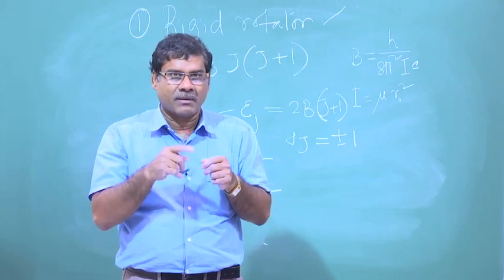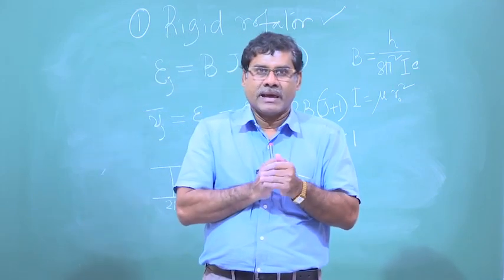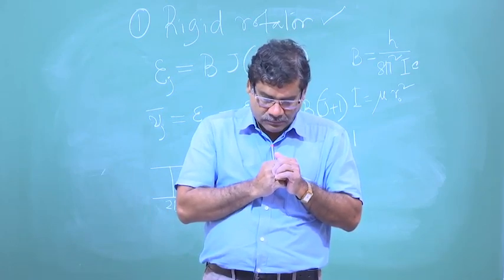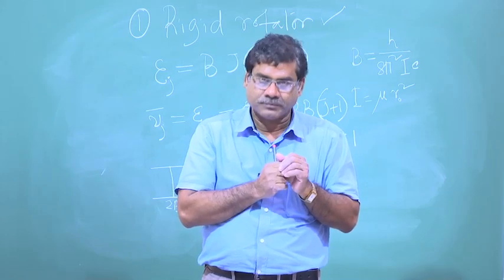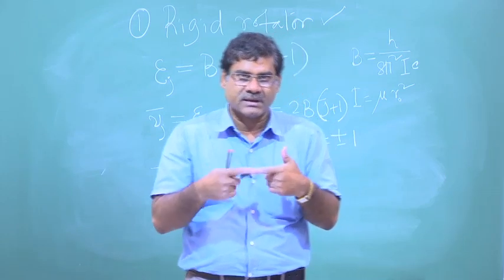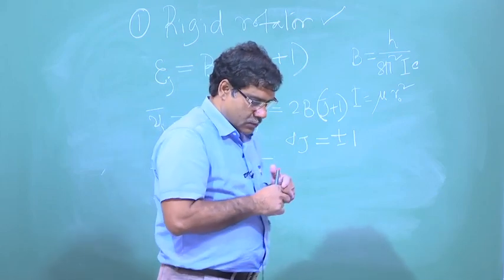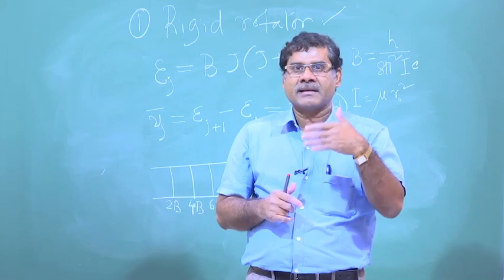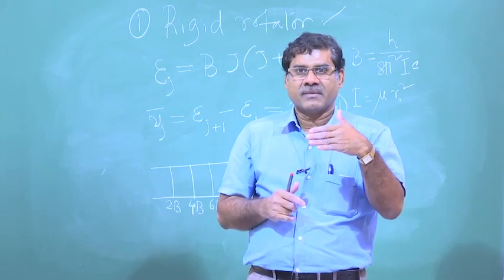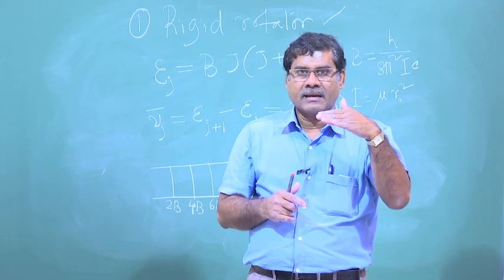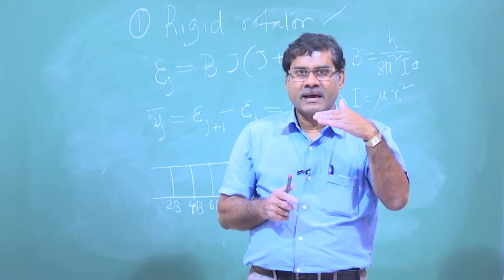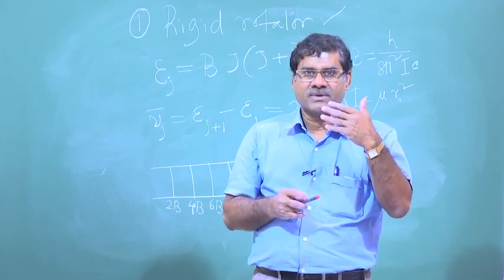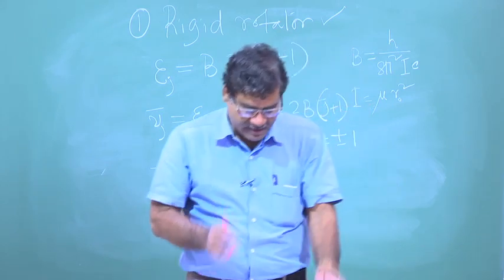So the J we have considered is equivalent to L. Due to this rotation there are different energy levels, based on different values of J, and there is a degeneracy of each level depending on the value of J. What is the number of degeneracy?